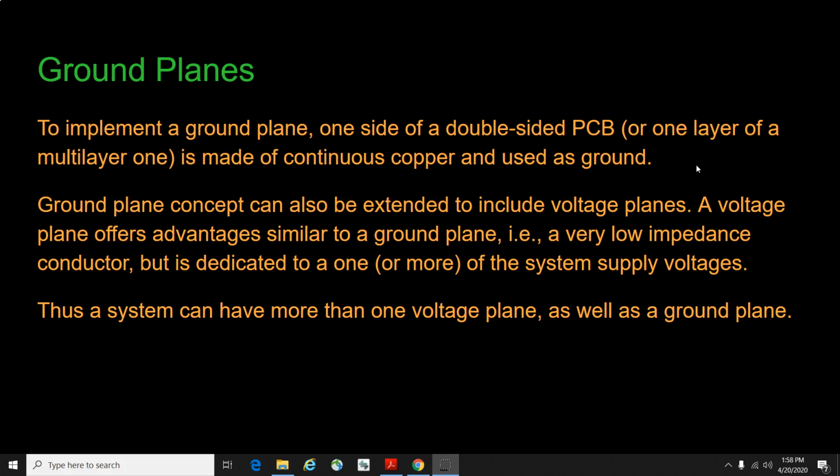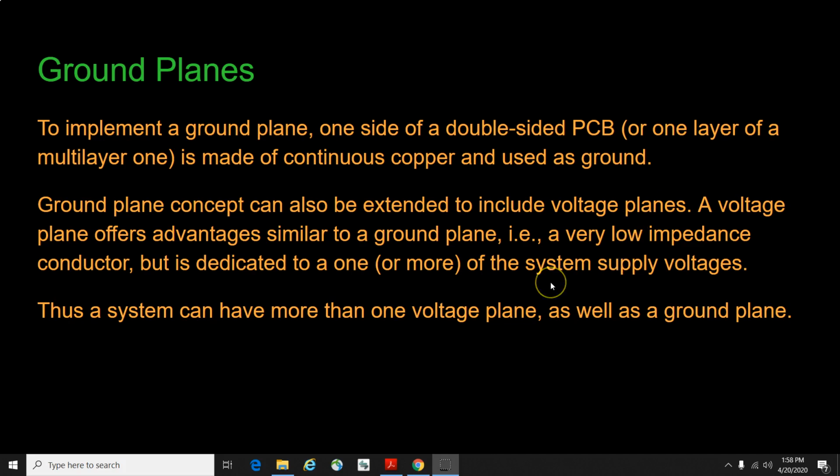The ground plane not only acts as a low impedance return path for decoupling high frequency currents, but also minimizes the electromagnetic interference in the circuit. And I hope you remember in the last lecture we talked about the shielding action, how that can be provided to remove the electromagnetic interference. So that is also one of the things we can use to avoid electromagnetic interference.